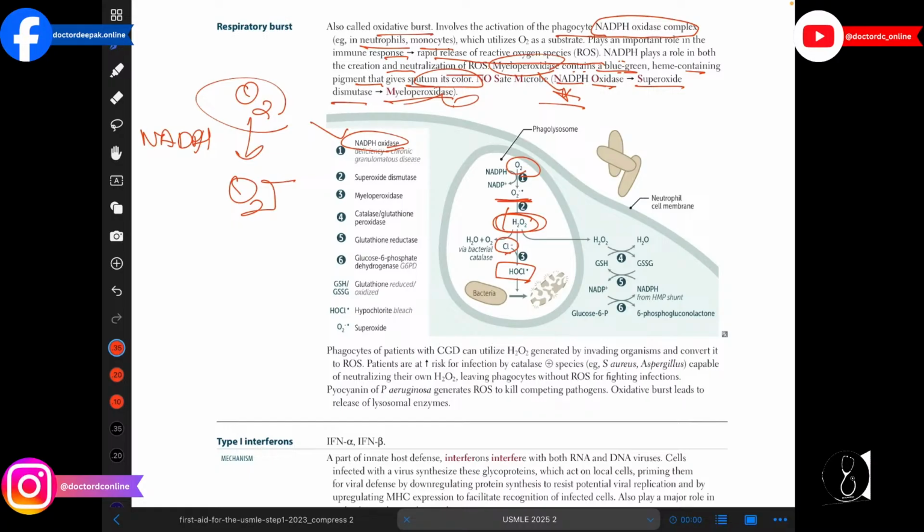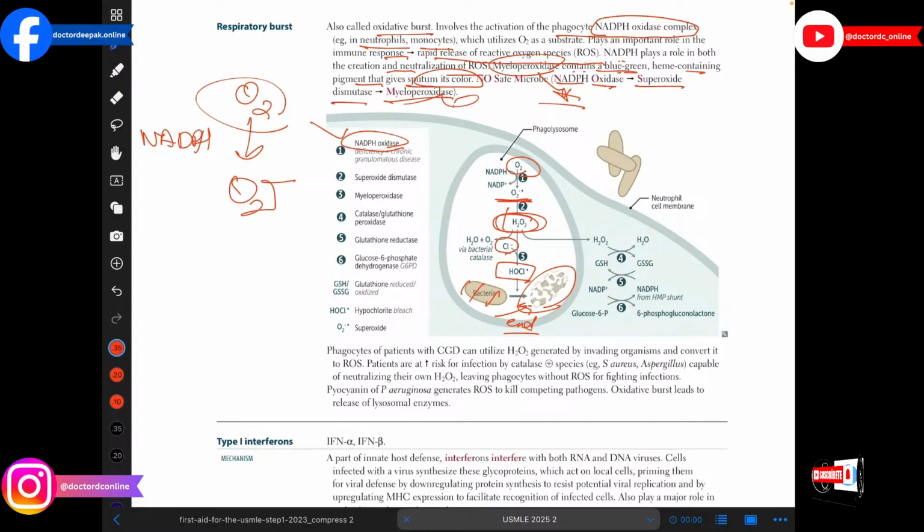So that myeloperoxidase gives the end stage, the destruction of bacteria. Understand? And there is one important point.